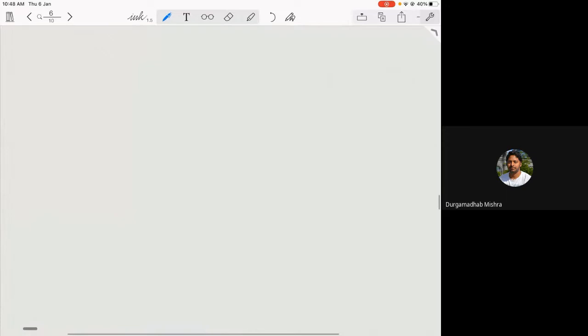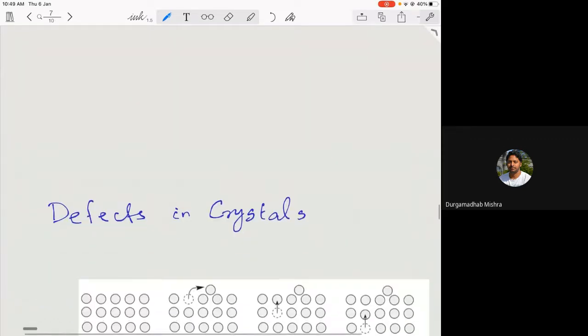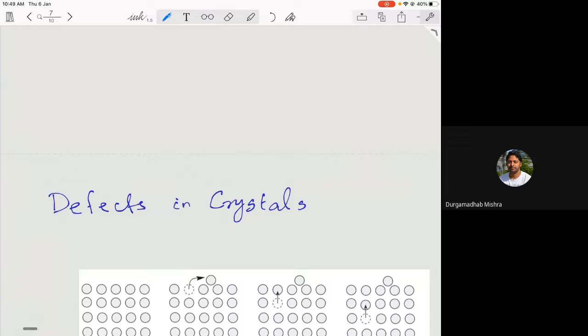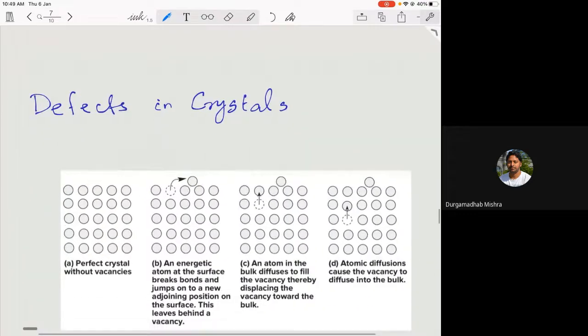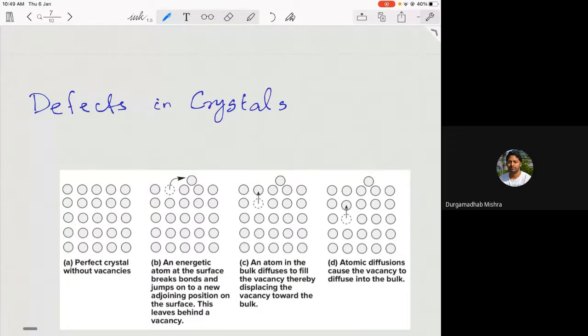Okay, so one interesting thing that happens with crystals: what we talked about were mostly regular arrangements, but you can actually have defects in the crystal.